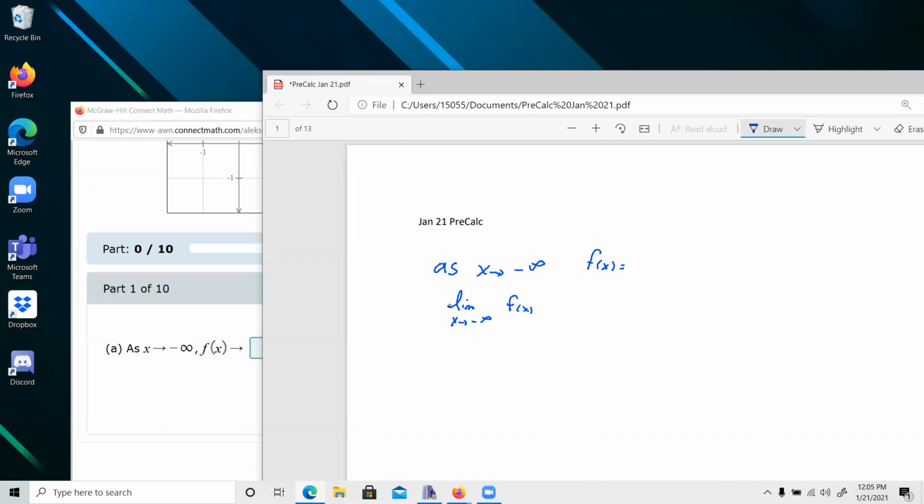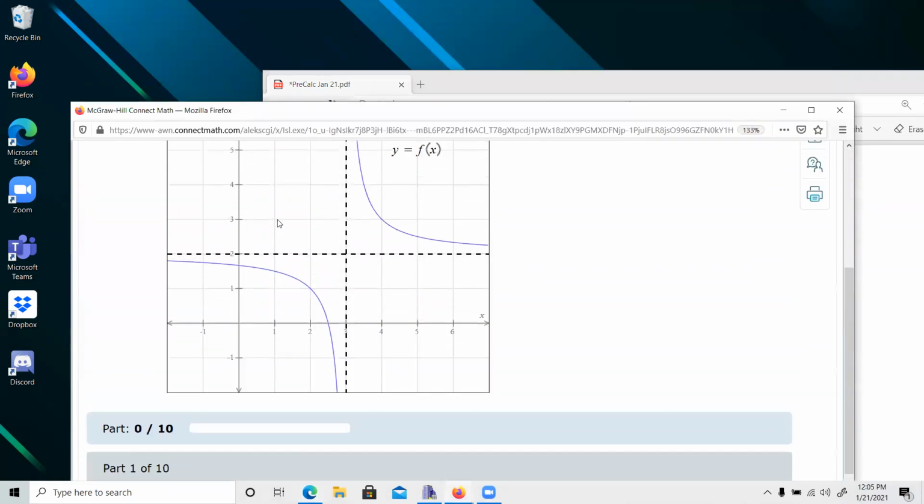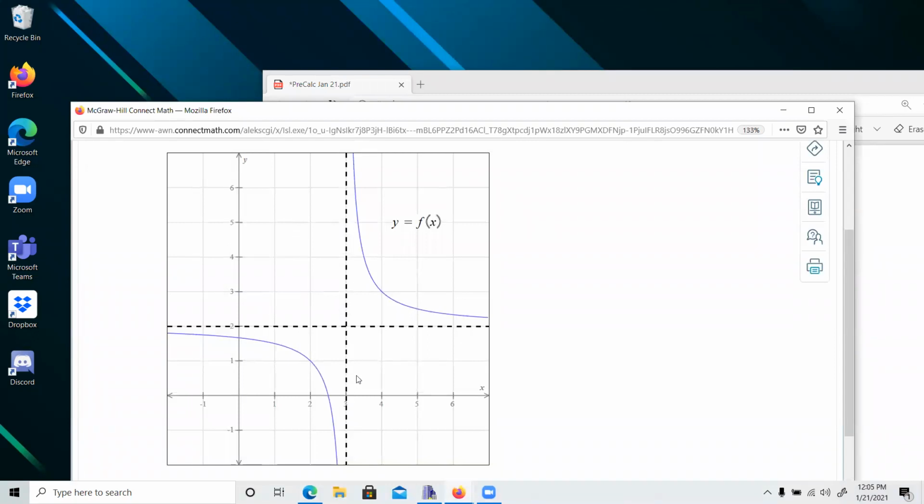But this whole idea of x pointing an arrow to this is as x tends towards negative infinity, or as x grows without bound in a negative direction. Okay. So I like either tends towards infinity or grows to negative infinity. I don't like approaches negative infinity, but that's usually what you're going to see in calculus books. And there's no reason why that has to happen.